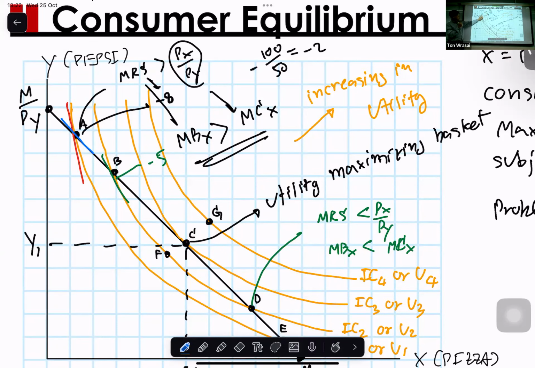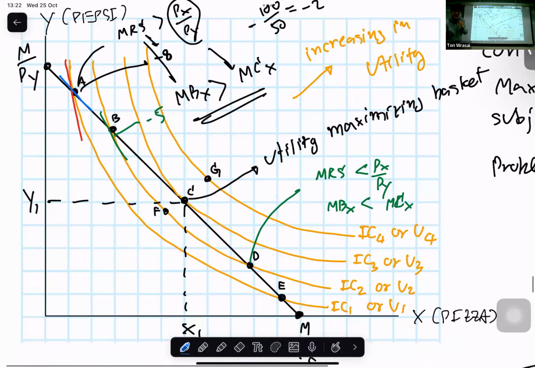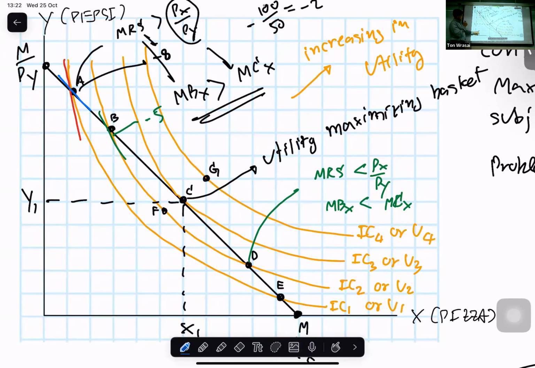Then MRS is a willingness to give up Pepsi for pizza. Since the slope here is quite high, let's assume that MRS here is equal to -8. The magnitude is 8. So this guy said, look at the amount of pizza and Pepsi in basket A. At basket A, he must be hungry.